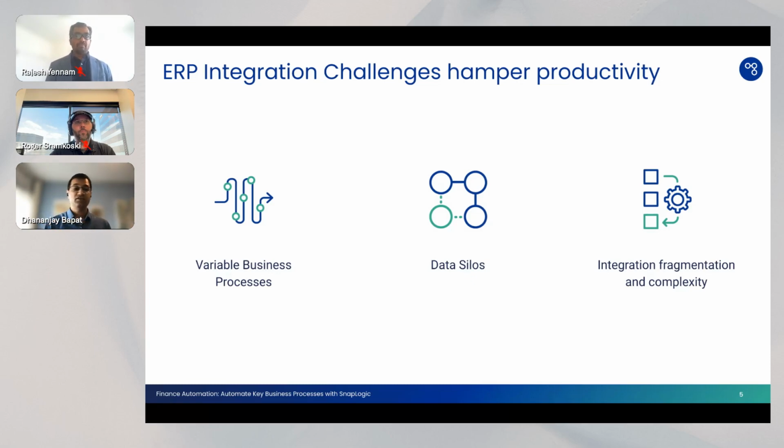One common challenge is variable business processes. That means you have different business processes based on what your customers demand, but also the business processes change from the time they are initially communicated to an integration professional to the time they get implemented and 6 months from that time. So that requires that you have to go back to that integration.